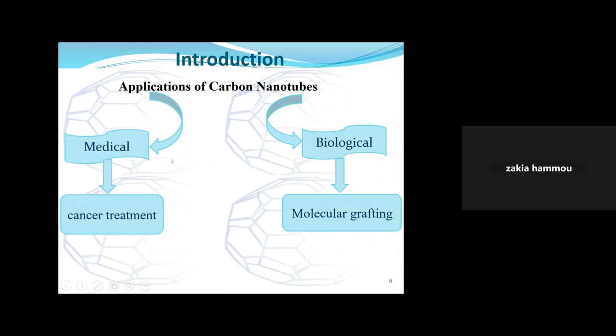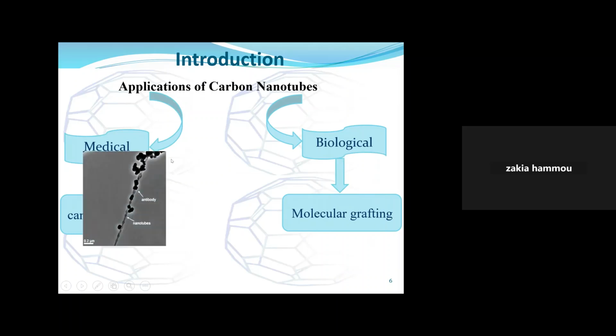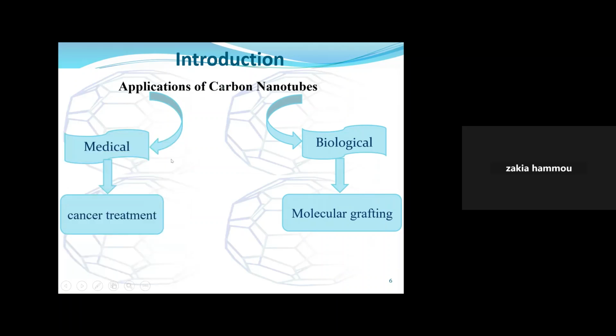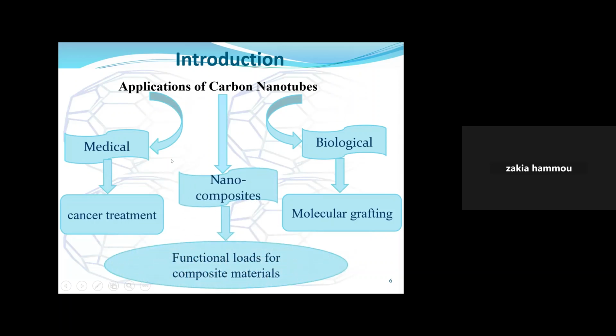In this field, single-wall CNTs are used in cancer treatment after having been functionalized with specific human antibodies. Application in nanocomposites: in this field, they are used as fillers or functional fibers in composite materials to improve their mechanical, electrical, and thermal properties.